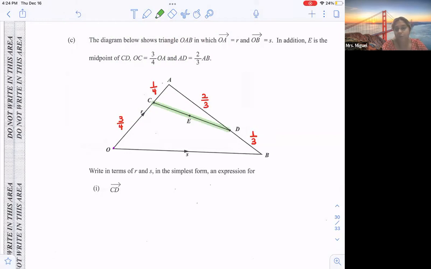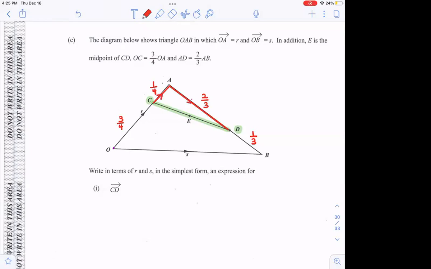The other two vectors that will take us from point C to point D is if we travel through A. It's like you are going from point C to point D, but you cannot walk straight across. You have to find an alternate route. So therefore, you will go from C to A, and then from A to D. Do you all see that?